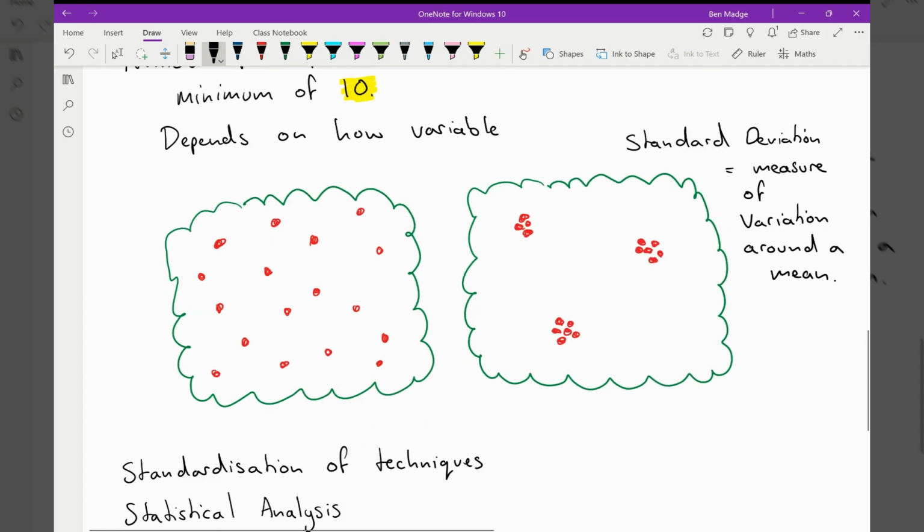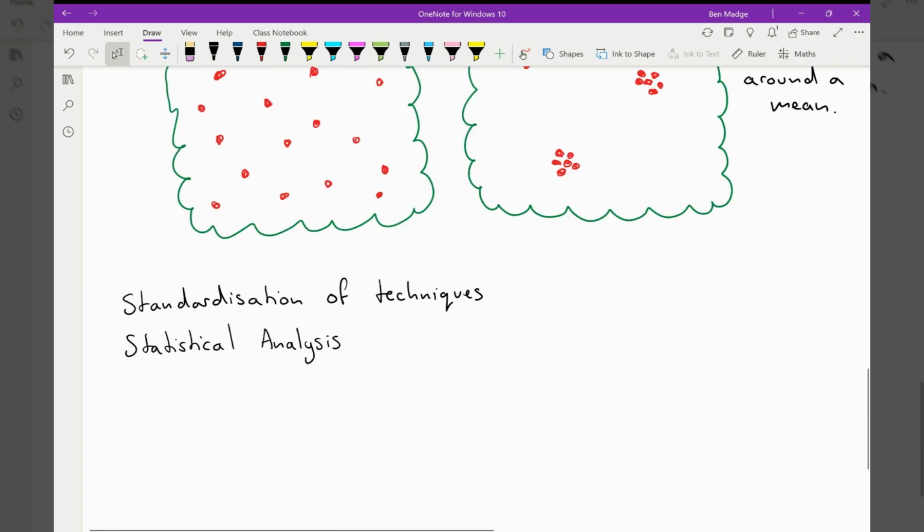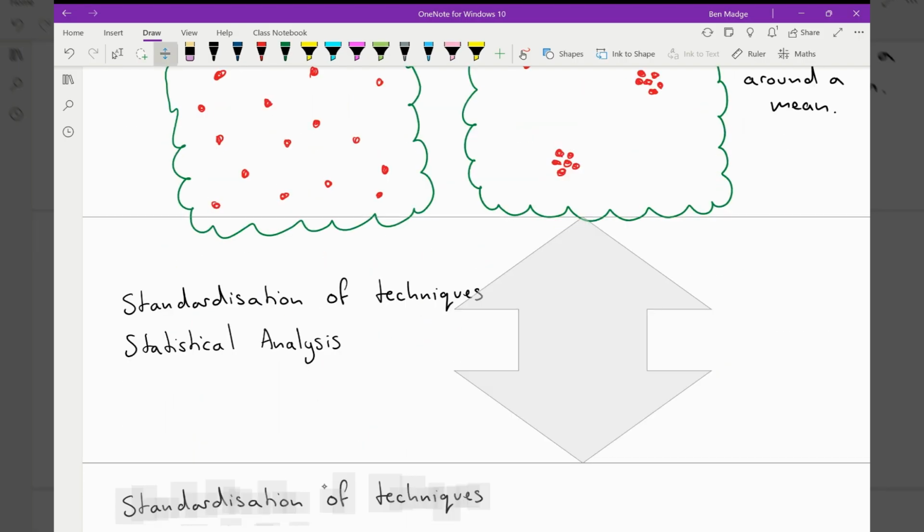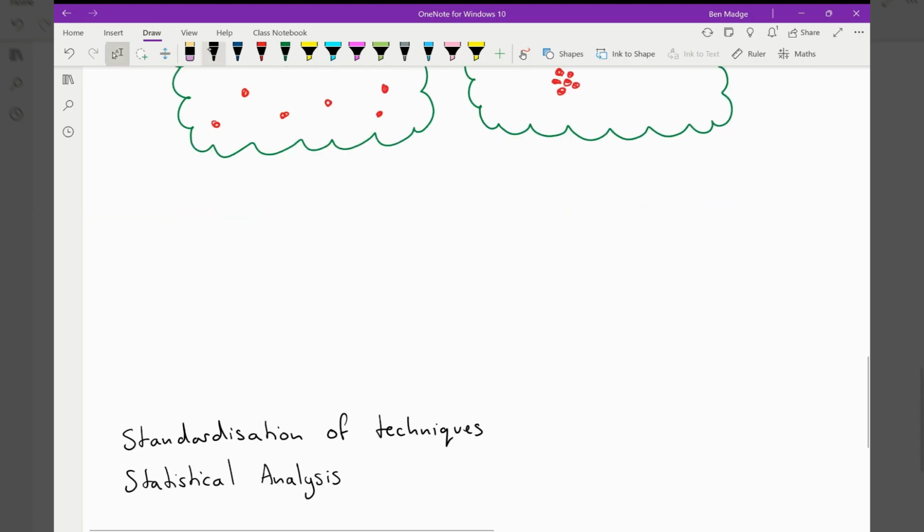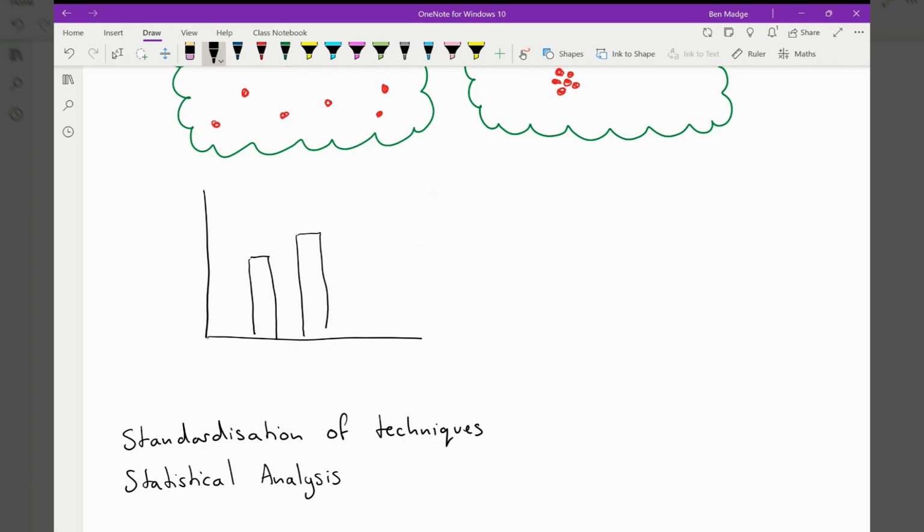Standard deviation is typically shown in a graph where we have our mean value recorded. It could be a bar graph, for example, or a histogram, or a scatter graph, and the standard deviation might be shown as an error bar above and below it.